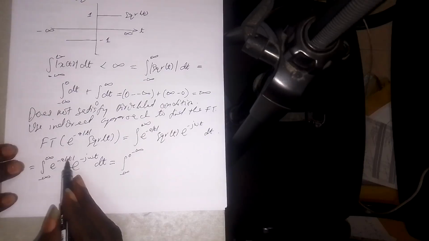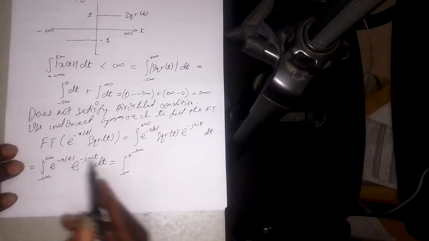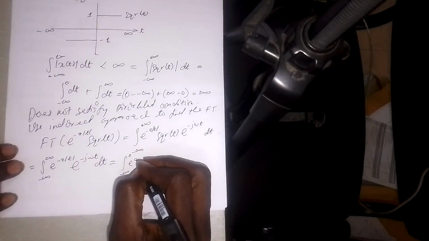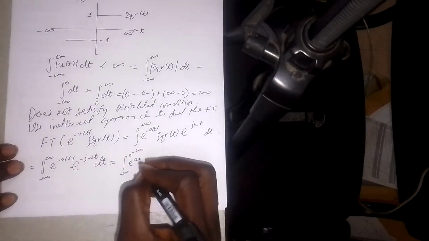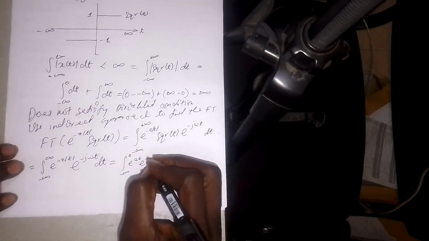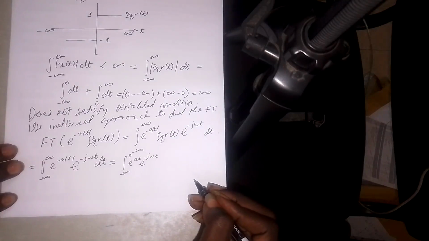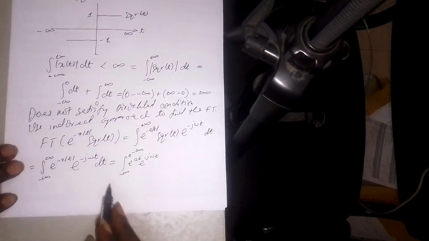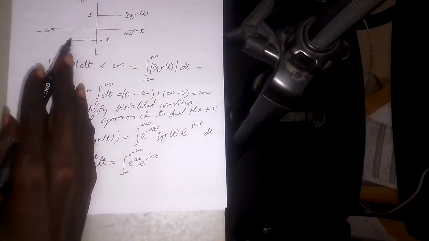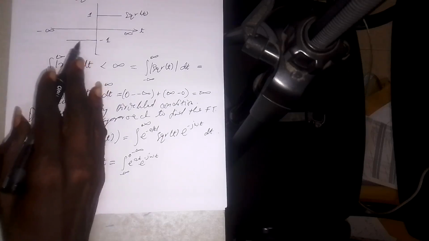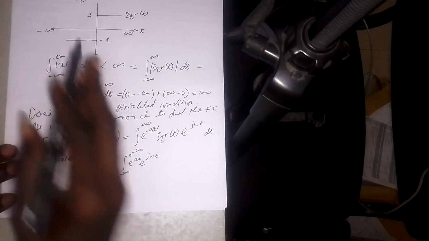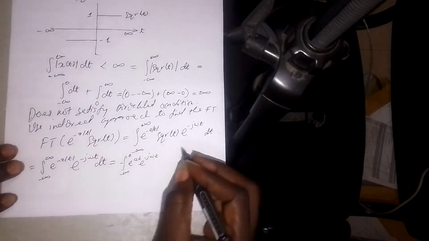Negative times negative will be positive, so I'll have e to the a t times e to the minus j omega t. One aspect of the signal is on the negative side.